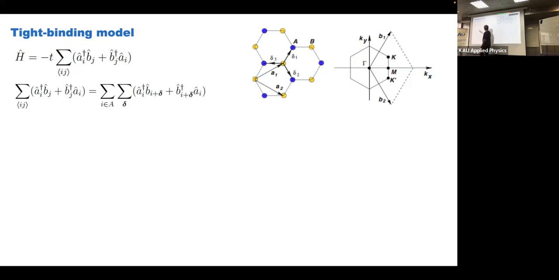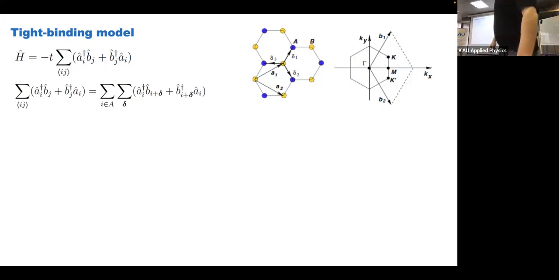I can say that B is A plus delta, because I have these deltas, these vectors between atoms. So this is the A atom, this is the B atom, and B is the same as A plus delta something. It's like delta 1, delta 2, delta 3, and so on. So B is like A plus delta.